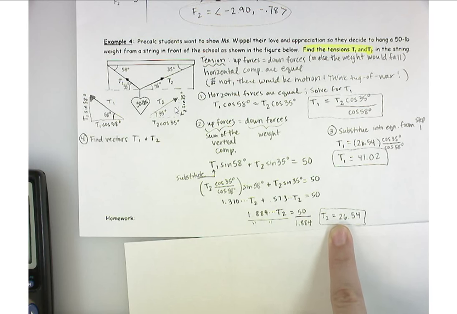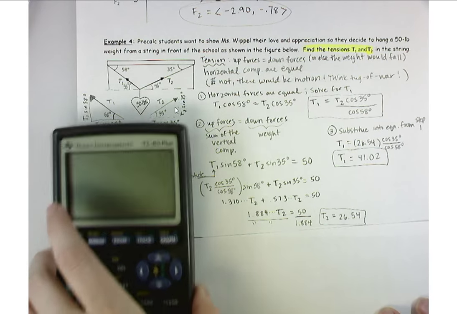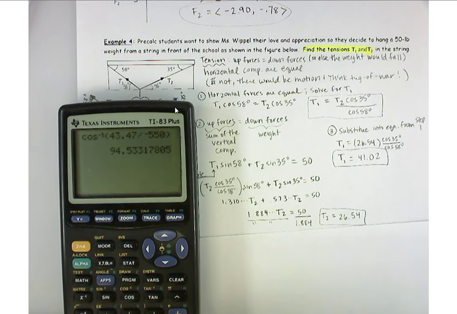Okay? When you guys did that, did you get 26.54 or 26.53? Okay, let's do it. So I did the cosine of 35 divided by the cosine of 58. It's really not going to make a big difference in our final answer.